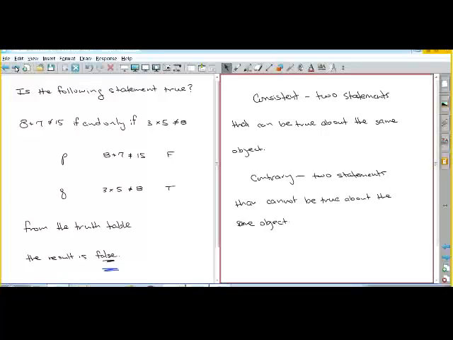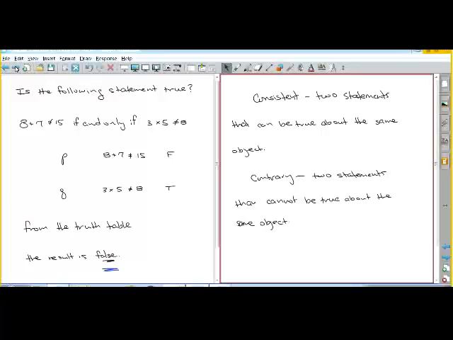You have two statements that make up a conditional statement. You have the first statement and the second statement. The first statement we call the antecedent and the second the consequent. Okay.